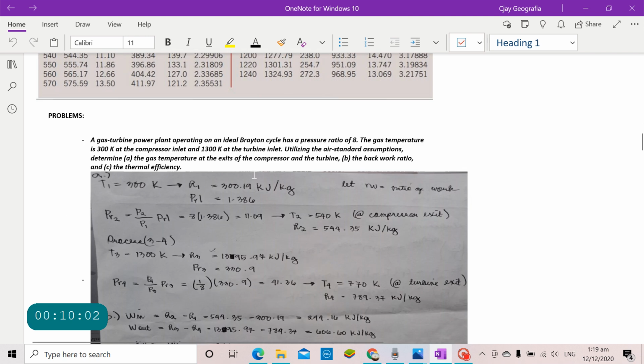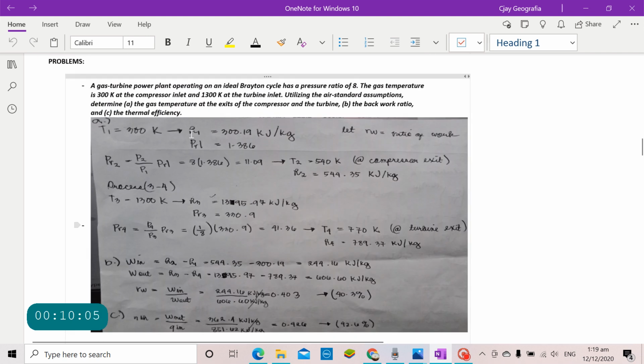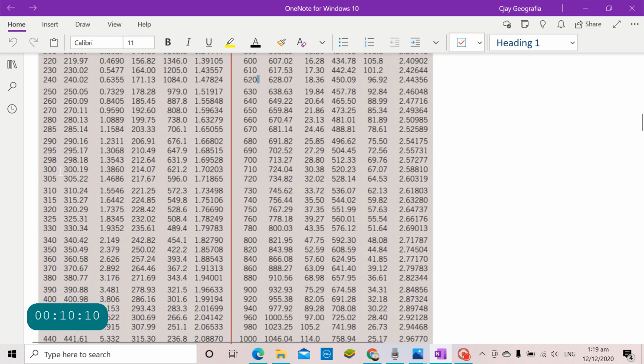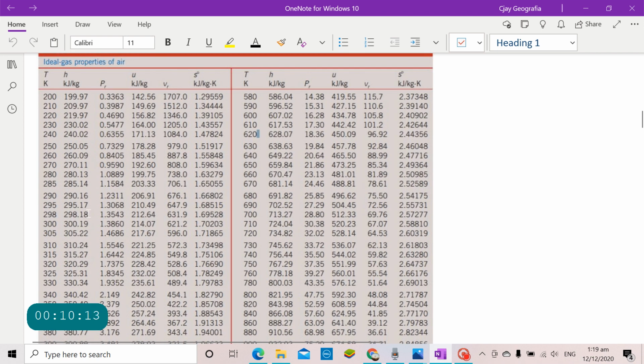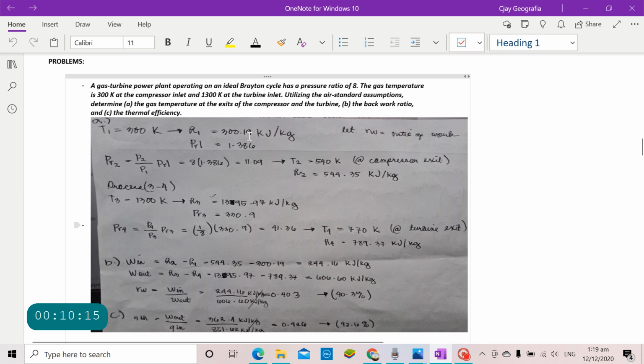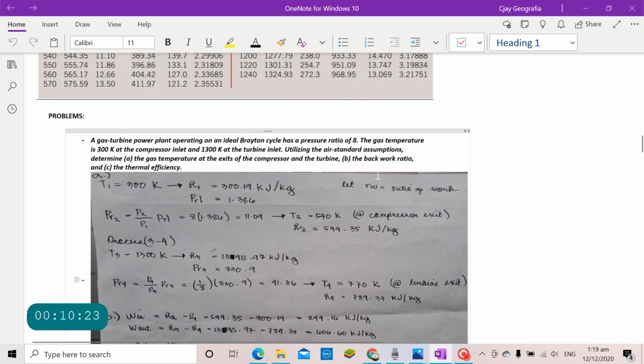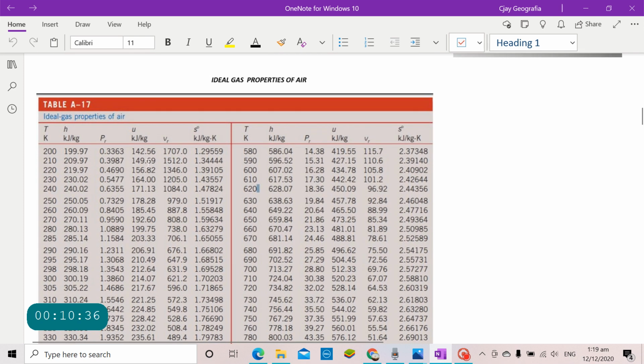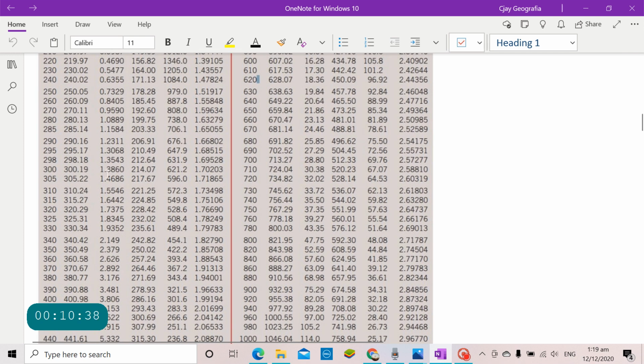According to this table, for T1 equal to 300 Kelvin, H1 is equal to 300.19 kJ/kg. Let RW be the ratio of work for letter B. We also know that PR1 is 1.386, because it's also stated there.